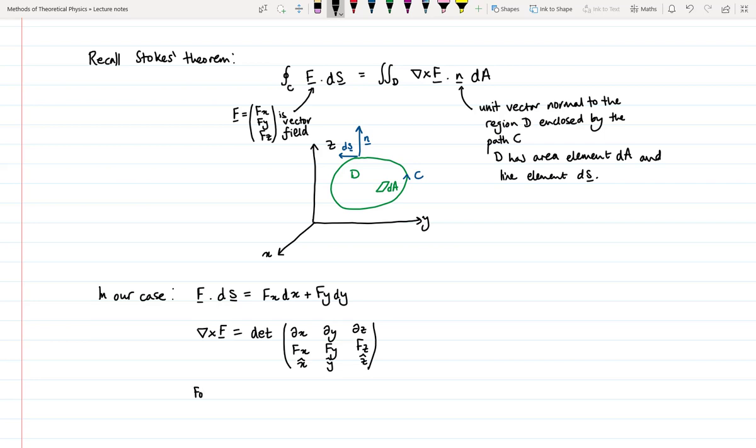Now for I1 and I2, the unit vector n is simply the unit vector in the z direction, because the region D that we're interested in for our complex integral lies in the xy plane.